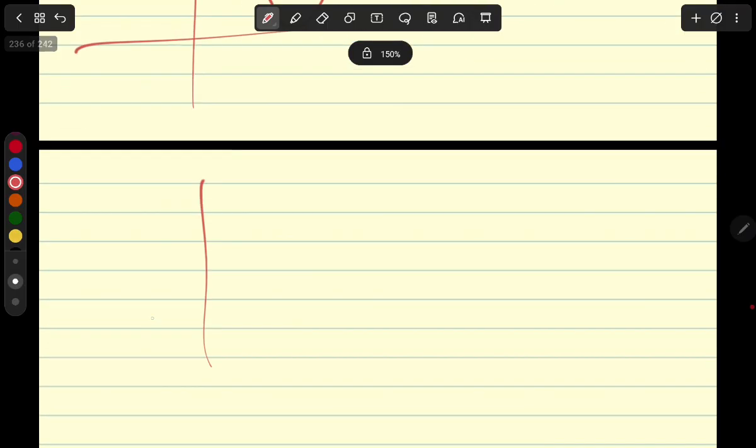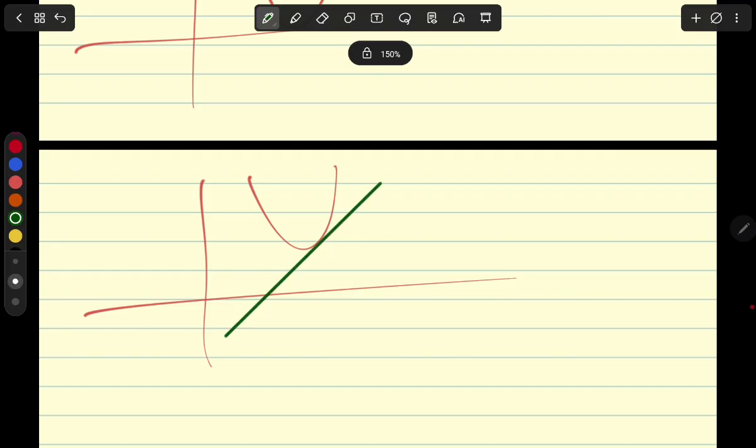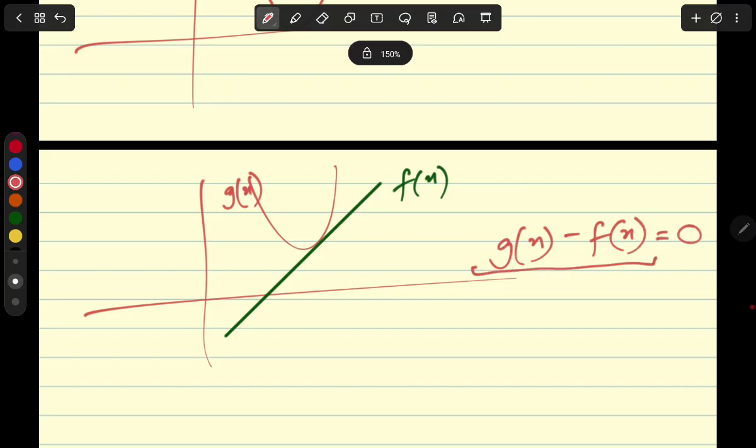Or if the question says that a parabola and a line touch at exactly one point, and this is f(x) and this is g(x), we solve them together: f(x) minus g(x) equals 0, and for this quadratic function that we find, we set its discriminant equal to 0 in order to find any missing value, or just verify that it turns out to be 0 if there are no missing values, right?